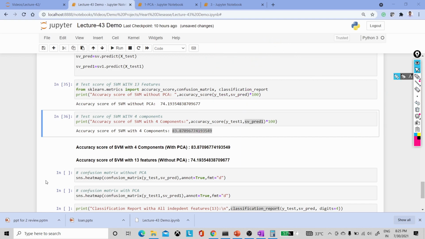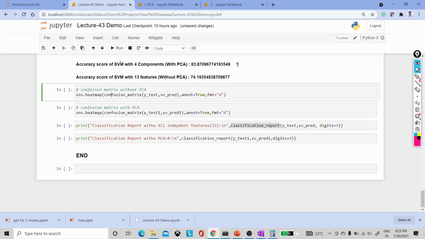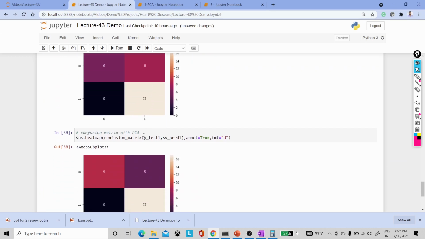If you see the confusion matrix, if you observe here, 8 plus 0 means 8. This is FP plus FN, which means wrong predictions. So the wrong predictions are 8 observations.